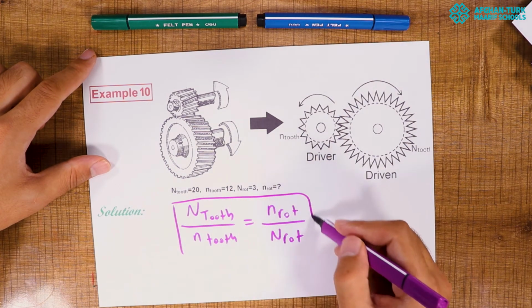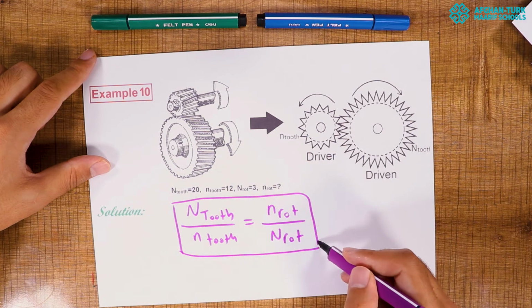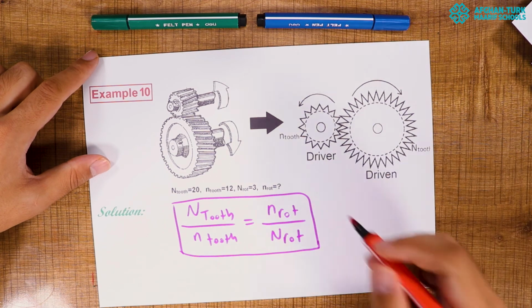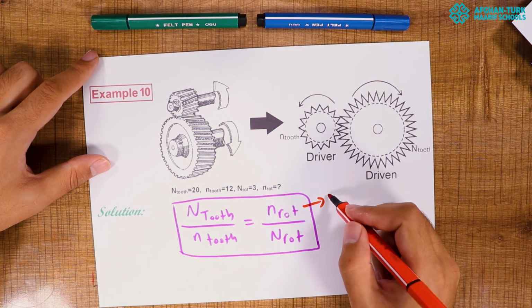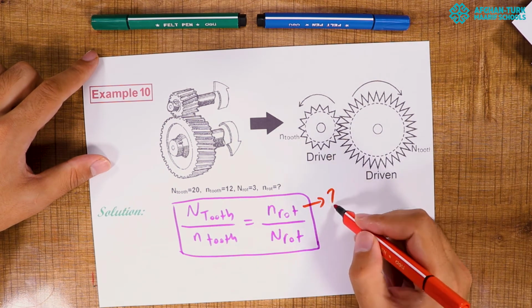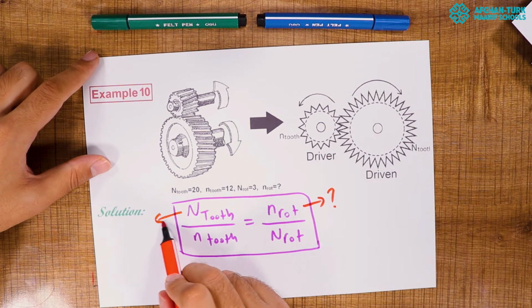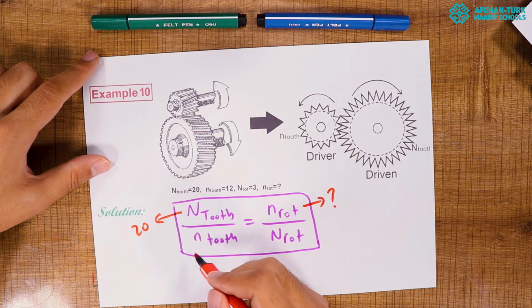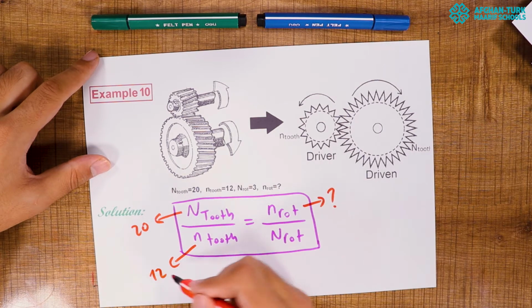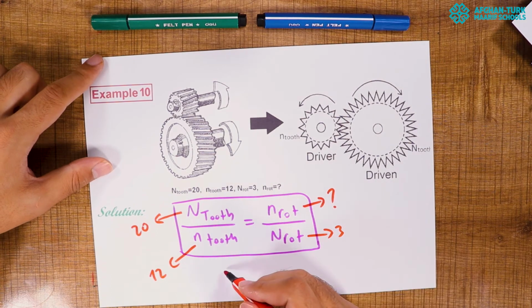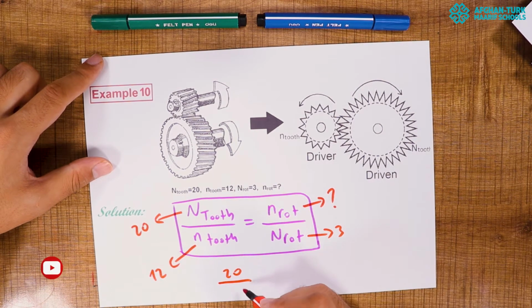So that one is our formula. In the question, we are looking for the rotation of the smaller gear. This one is given as 20, and this one is given as 12, and that one is 3. So let's calculate together.